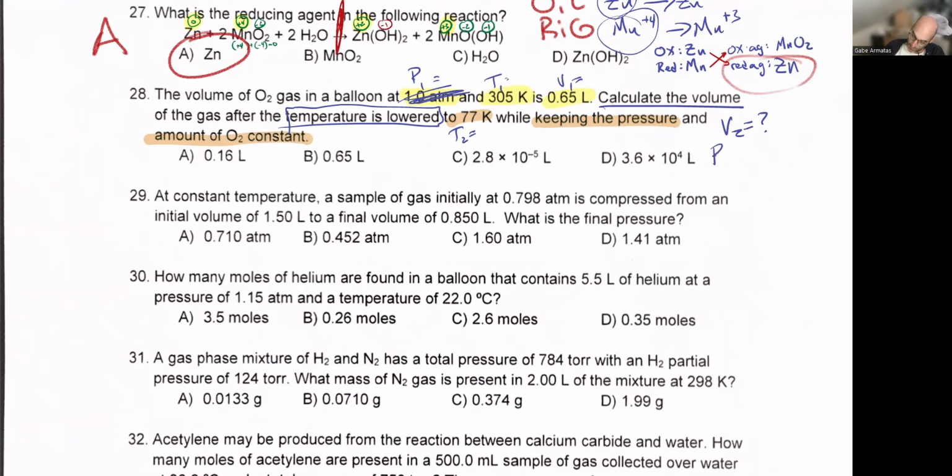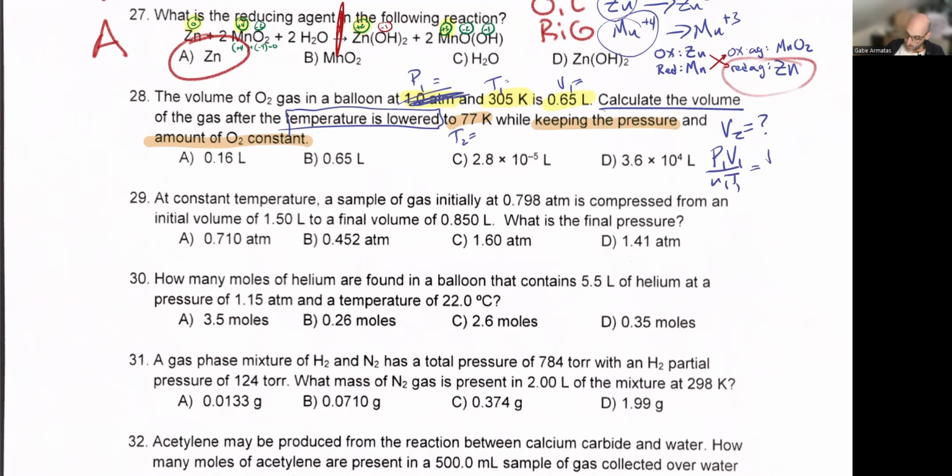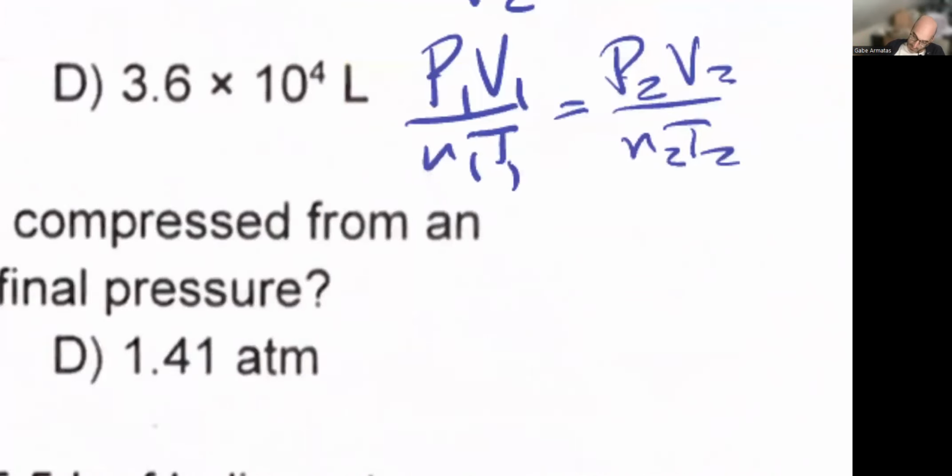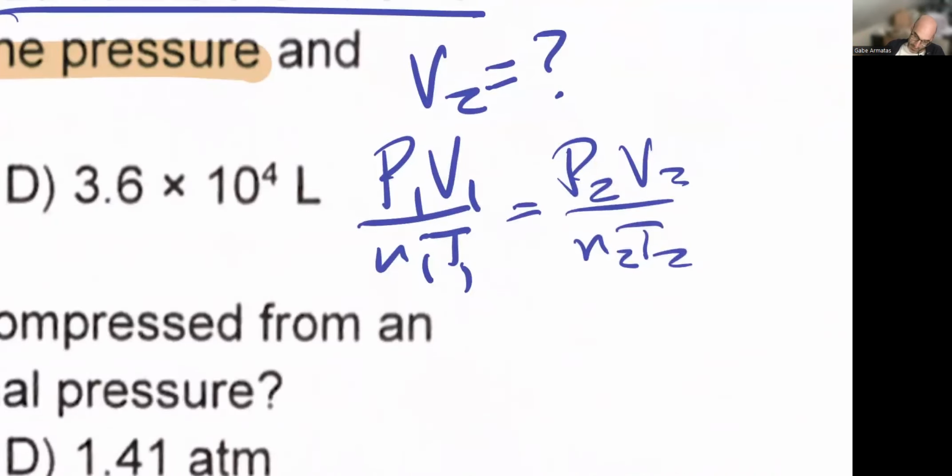So we know P1 V1 over N1 T1 equals P2 V2 over N2 T2. I did this in the very initial question on the first video. I can eliminate pressure and moles, and now it just becomes a plug and chug equation.